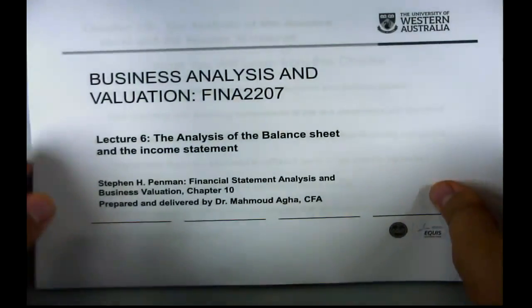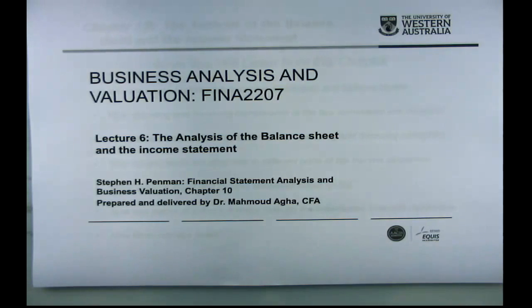So we said several times that the financial statements prepared by accountants cannot be taken as given. We need to restate the financial statements in order to classify items properly. We need to make a clear distinction between operating items and financing items, right?